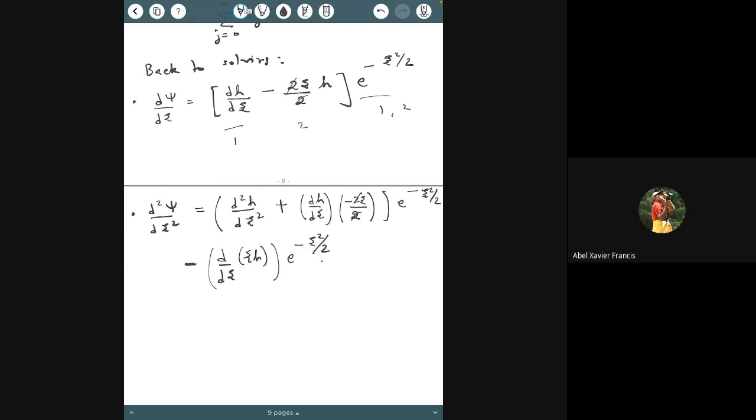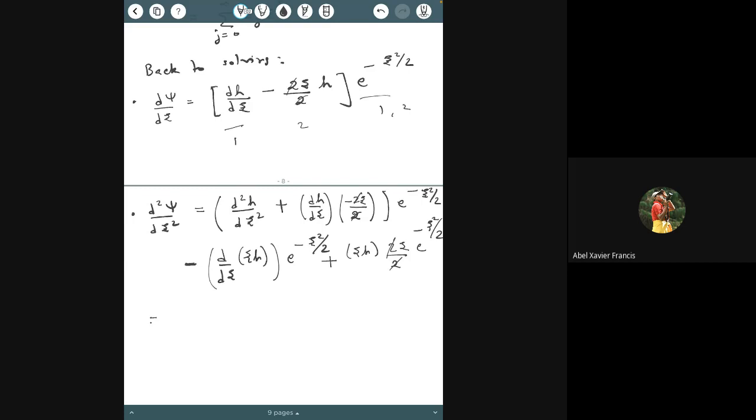Then I have plus psi h was already there, plus 2 psi by 2 minus ξ squared by 2.